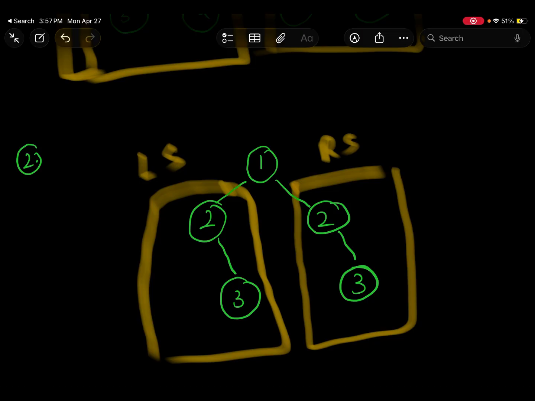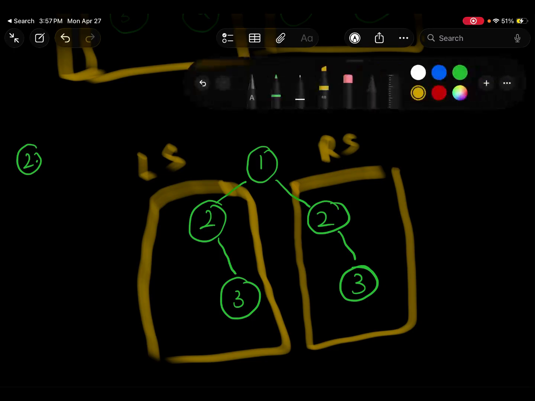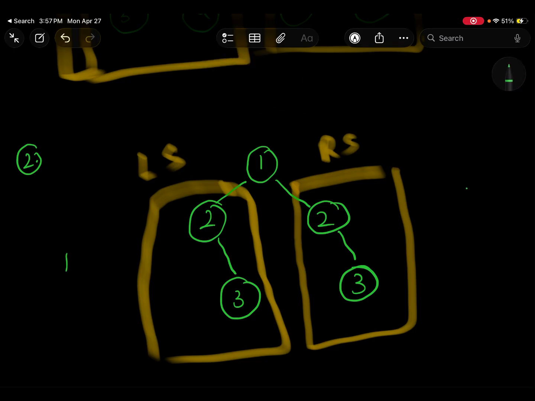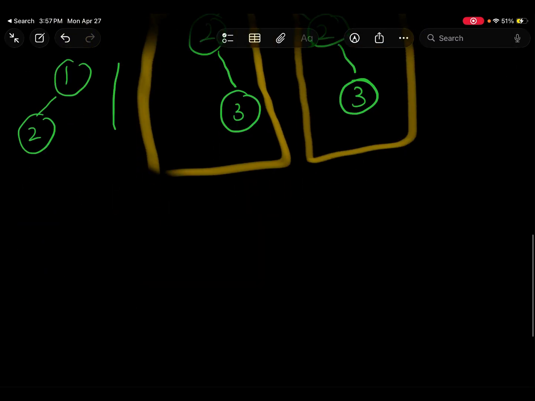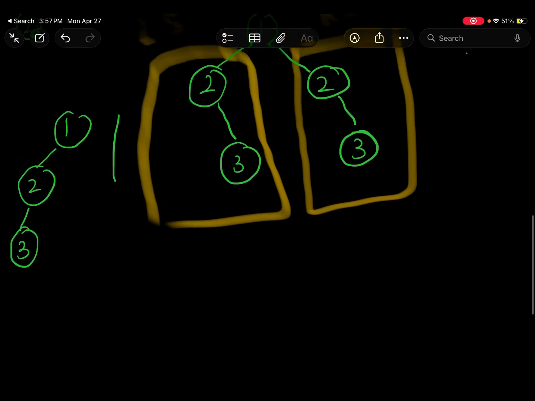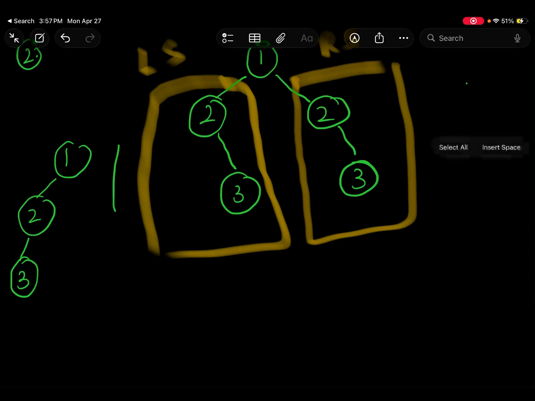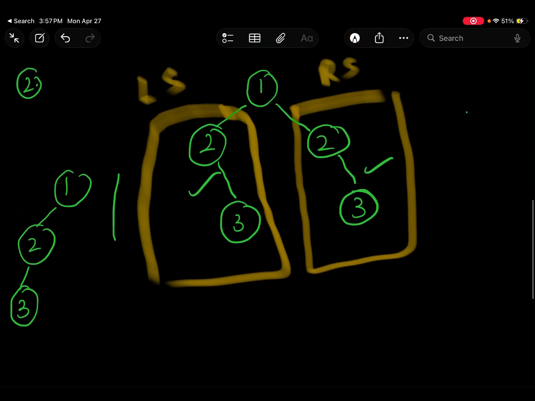If I were to invert my right subtree, it would look something like 1, 2, and the left child would be 3. That's what it should look like, but it essentially is the same thing. So the left subtree and the right subtree are the same, but they're not an inverted version of themselves. So this is exactly what the question is asking us.